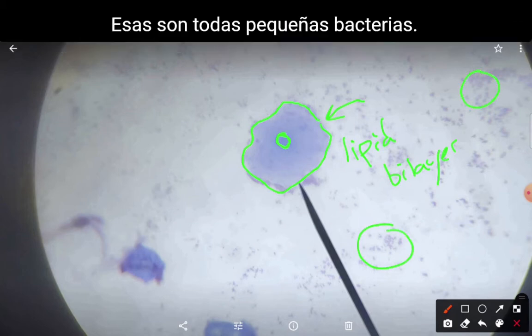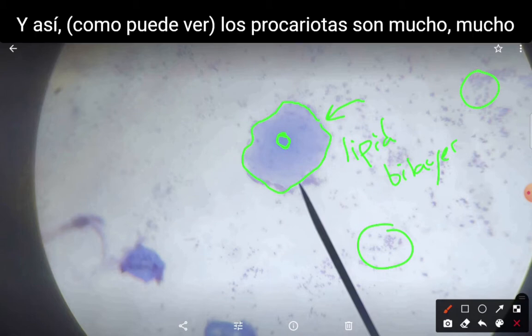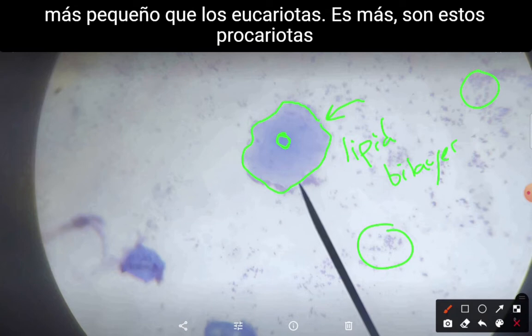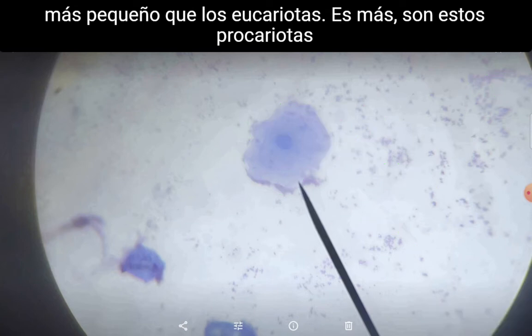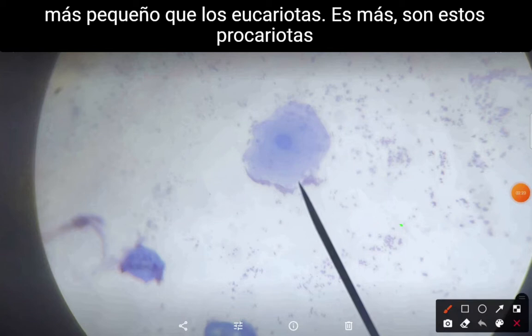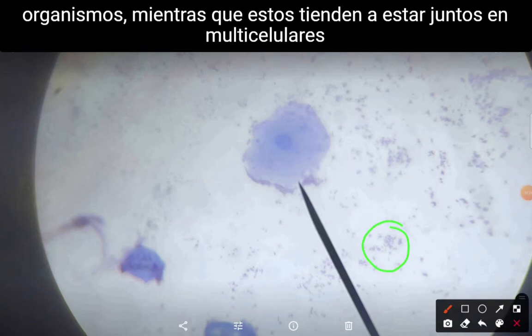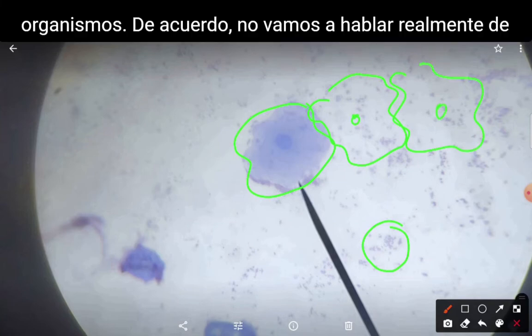Those are all small little bacteria. And so as you can see, the prokaryotes are much, much smaller than the eukaryotes. What's more is these prokaryotes are always single-celled organisms, whereas these tend to be together in multicellular organisms.